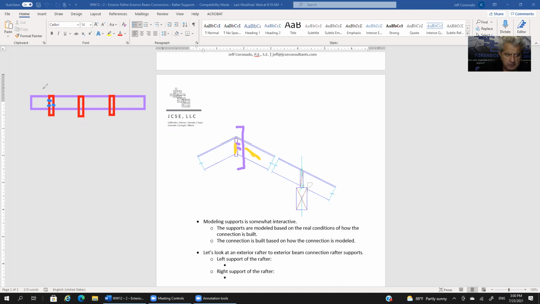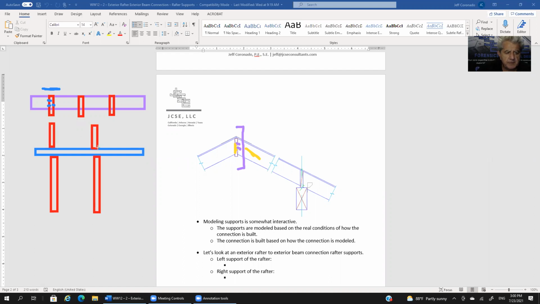If we look at a top view of this, your ridge board is going to look like this. Your rafters are going to frame into that ridge board. Your rafter will be framing in on the other side.